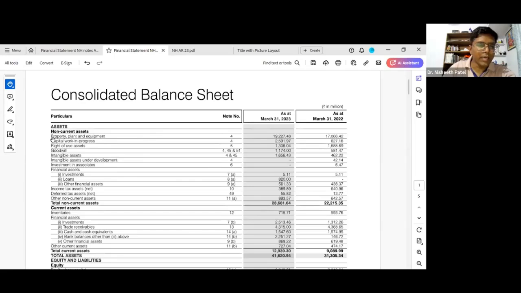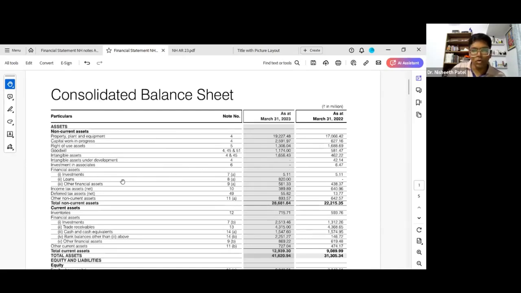Non-current asset में क्या क्या आएगा? Property, plant, equipment, capital work in progress, right of use asset, goodwill, they have got goodwill asset, intangible asset, around 1,656 million, intangible asset under development, that you have to read in note number 4 from the other segment. Investment in associate, financial asset, like they have made an investment of 5 million in some other companies.